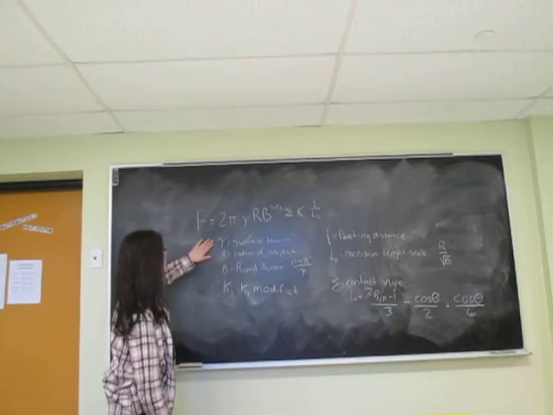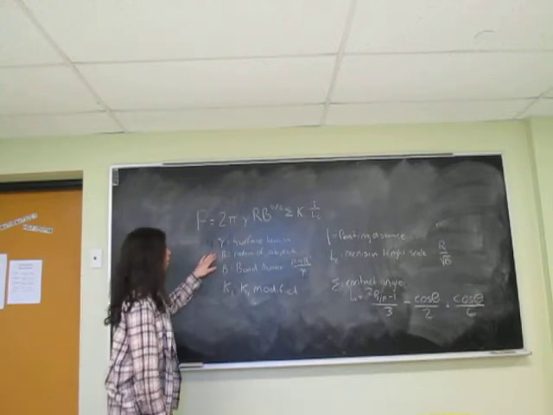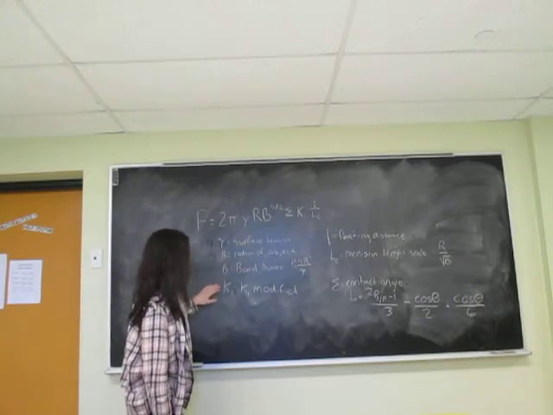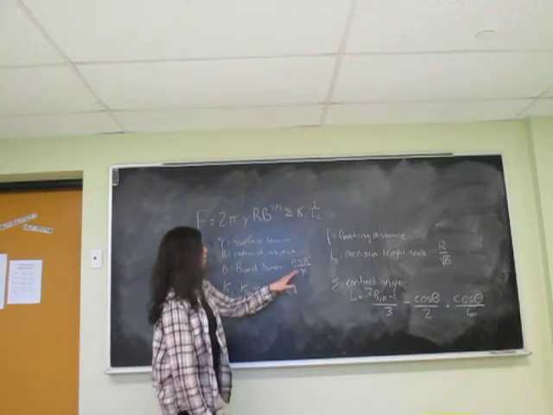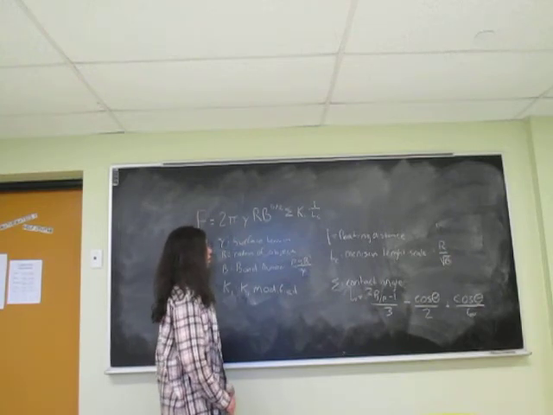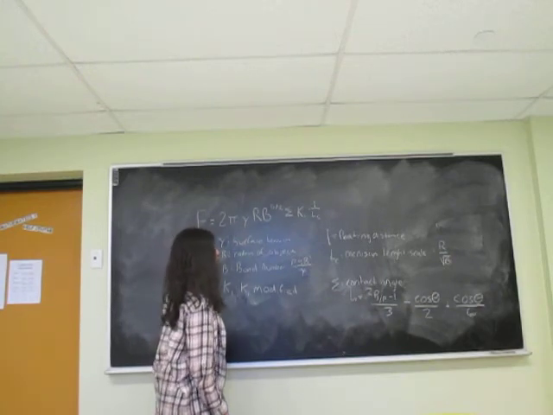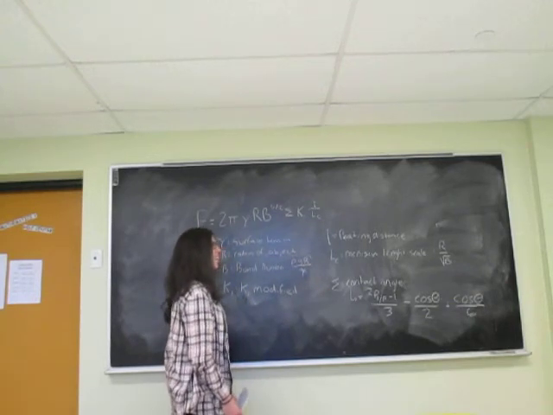Gamma is the surface tension, r is the radius of the object, b is the bond number, K1 is the value of K1 modified, l is the floating distance between the two objects, Lc is the meniscus length scale, and this sign is the contact angle, sigma.